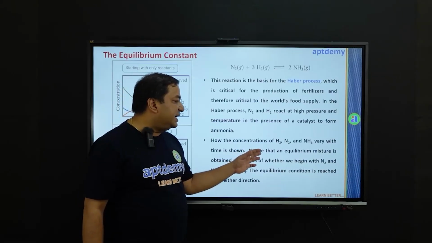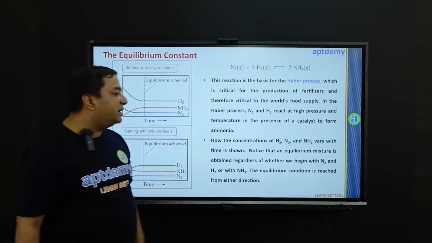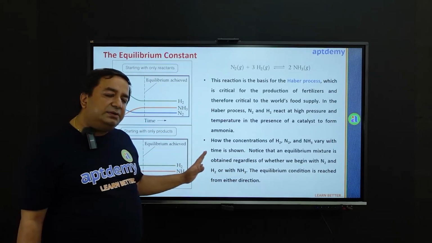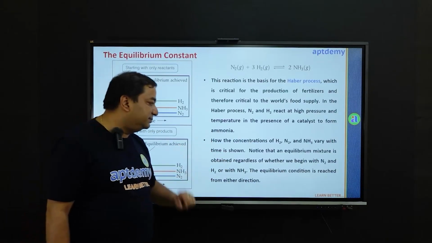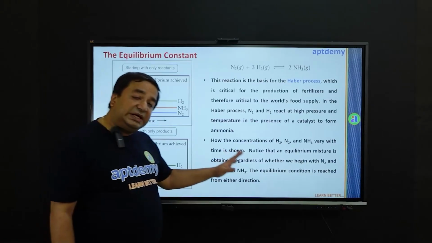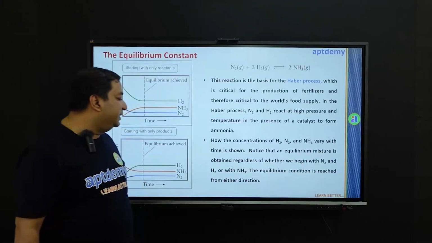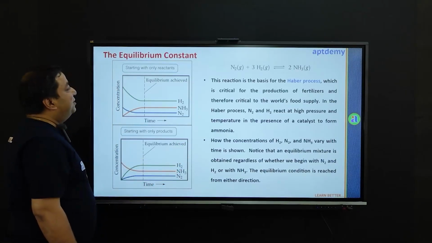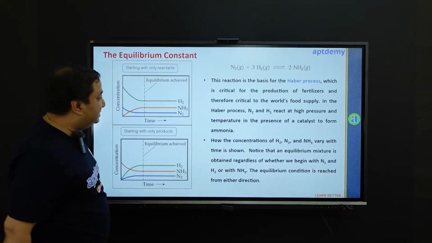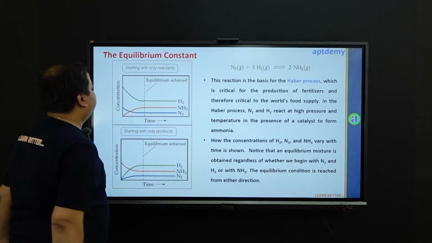Now notice that an equilibrium mixture is obtained regardless of whether we begin with N2 and H2 or with NH3. In both cases, the equilibrium condition will be reached from either direction. So here in this case, we are starting only with reactants.